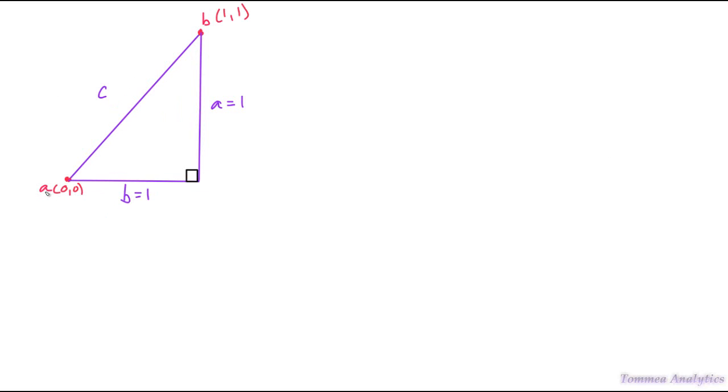And also the points A and B lie in the two-dimensional coordinate plane. So think of A lying at the origin and B lying at the point (1, 1). And that is how I got the distances for the vertical and horizontal leg.